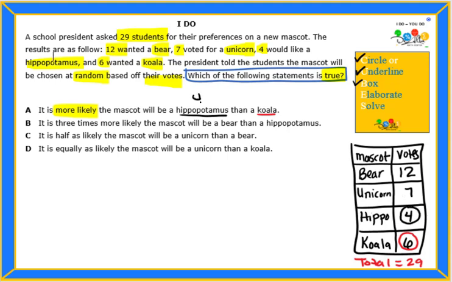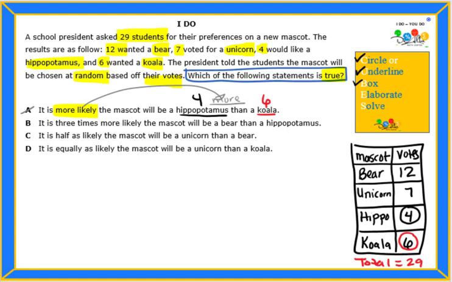So we have 4 and 6. And we want to make sure that we're seeing the comparison statement. So is 4 more likely than 6? I like to put the statement that I'm reading right in between my two numbers. Is 4 more than 6? Okay, and that is not true. So out we go.